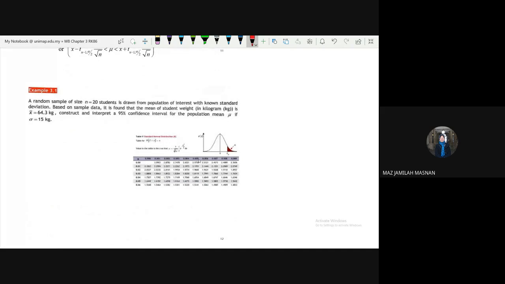Example 3.1, that will be on page 80. How are we going to start answering these questions? A random sample of size n equals 20 students is drawn from a population of interest with known standard deviation.